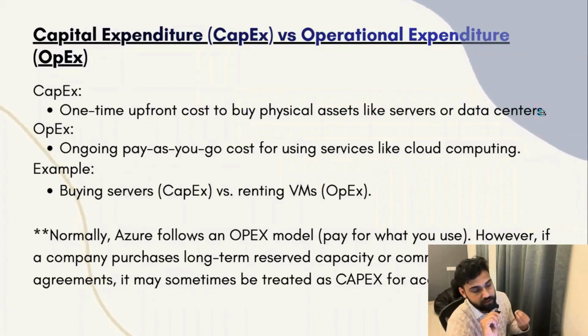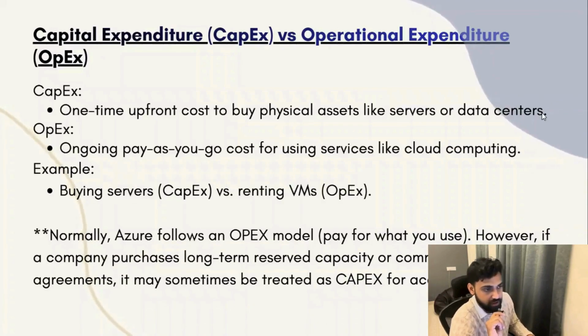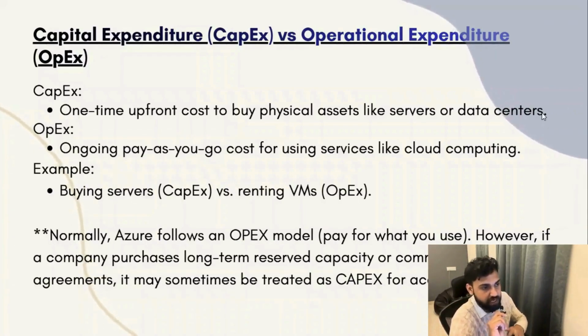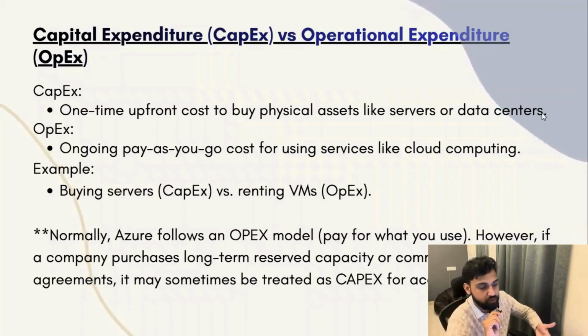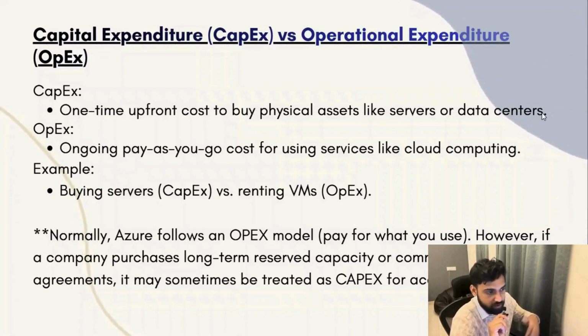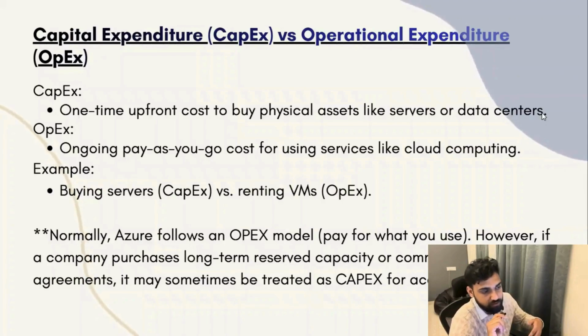Basically, in capital expenditure, when you are buying any server or a data center, that is a capital expenditure. But in our example, once the business is set up and you buy the office and everything, then to run the business you have to do some advertisement, maintain the coffee machines, the water, and the cleaning staff in the office, and pay the salary of all the employees every month.